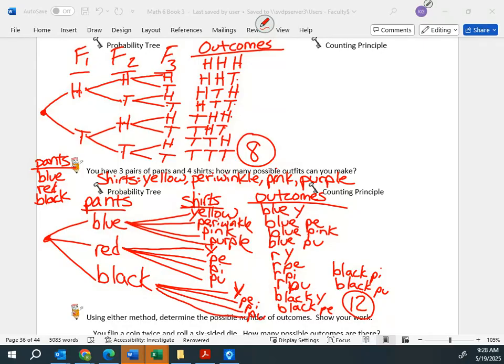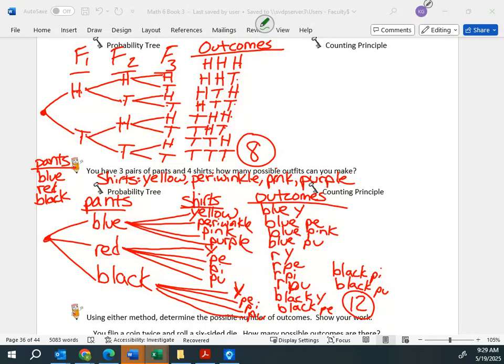But a lot of times, the questions will be, how many outfits can you make all together? We don't need to know them broken down. How many outcomes would there be flipping that coin? We don't need to know how many heads, how many tails. We just want to know the total number of outcomes. So if we just want to know the total number of outcomes, we can use the counting principle.